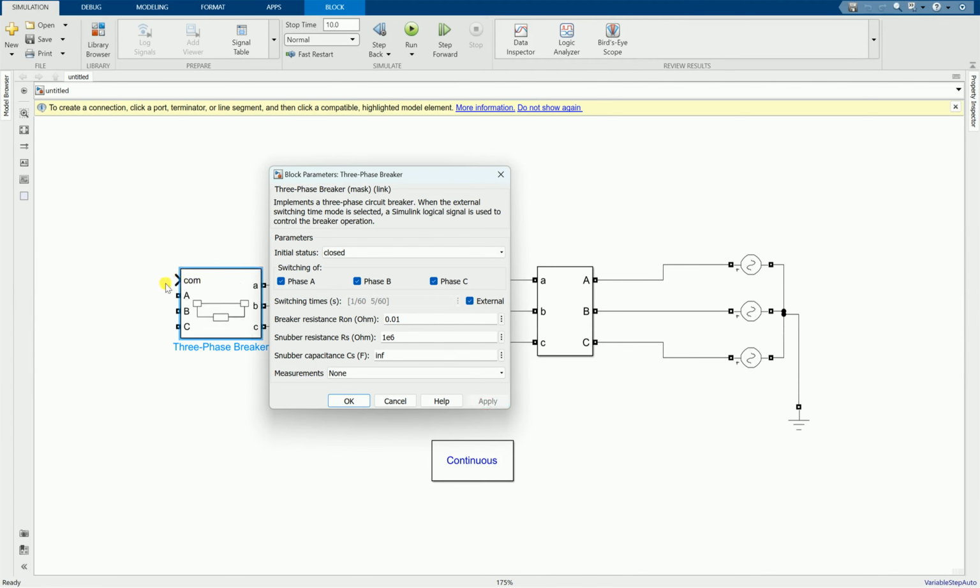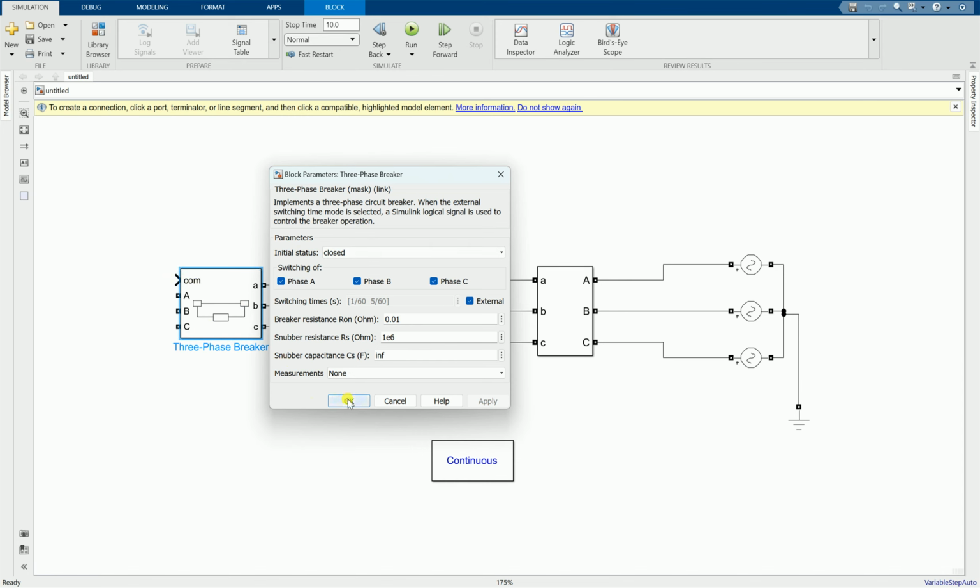Now another thing you can see is this 3-phase circuit breaker implements a 3-phase circuit breaker. When the external switching time mode is selected, a Simulink logical signal is used to control the breaker operation. So what does this mean? When the circuit breaker takes a signal of 1, this circuit breaker will be closed. If it takes 0, it will be opened.